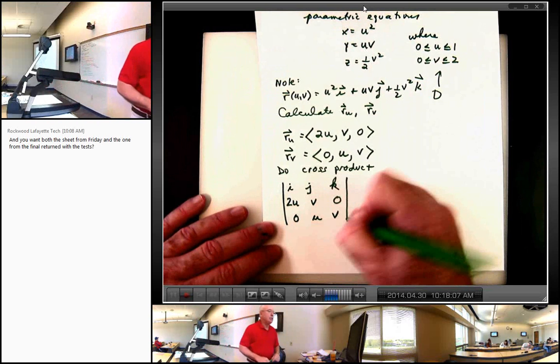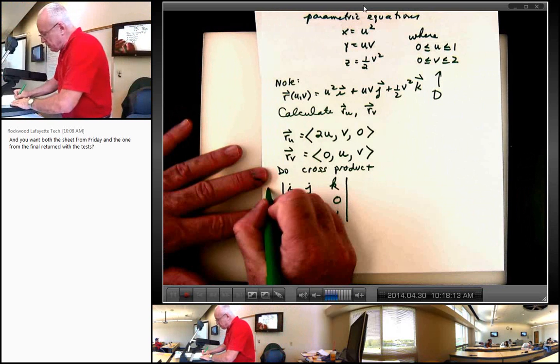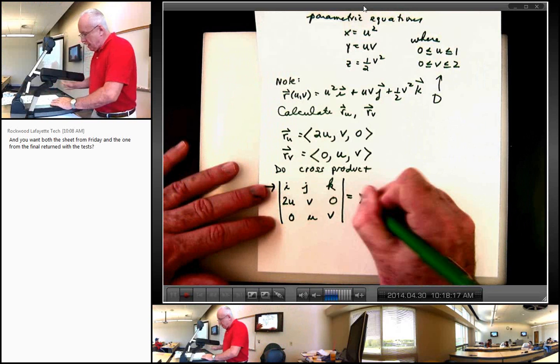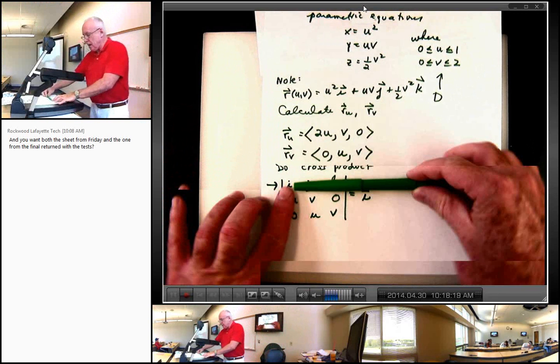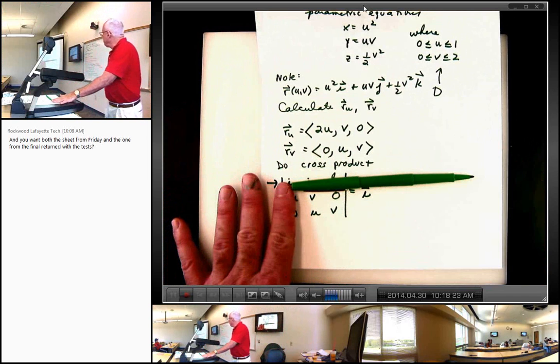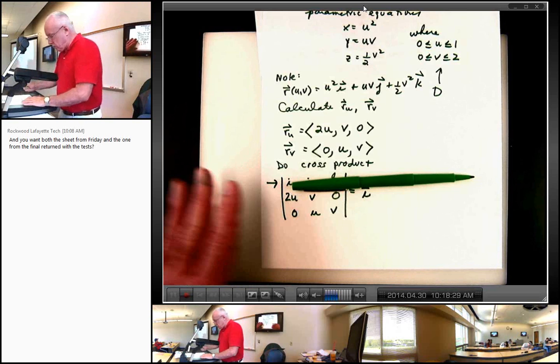And calculate the determinant. Again, we're going to go across this first row. So we start out with the i vector, and we cross out the first row and the first column and get the determinant of what's left. That's going to be v squared minus 0, so that's going to be v squared.